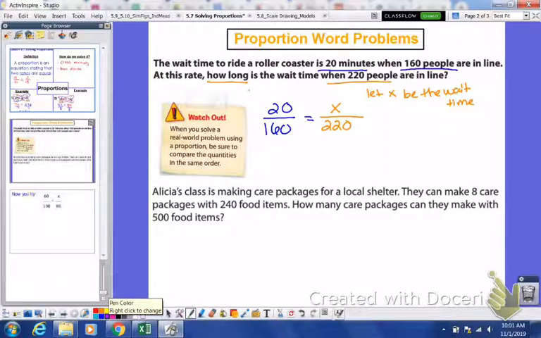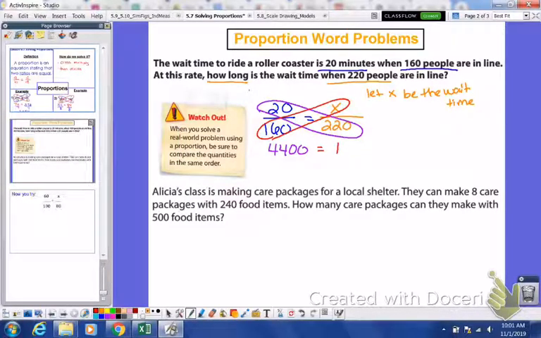So we're going to cross multiply. 20 times 220 gives us 4,400. 160 times x, so 4,400 equals 160x. Notice this time I put my x on the right side of the equation. It does not matter which side.